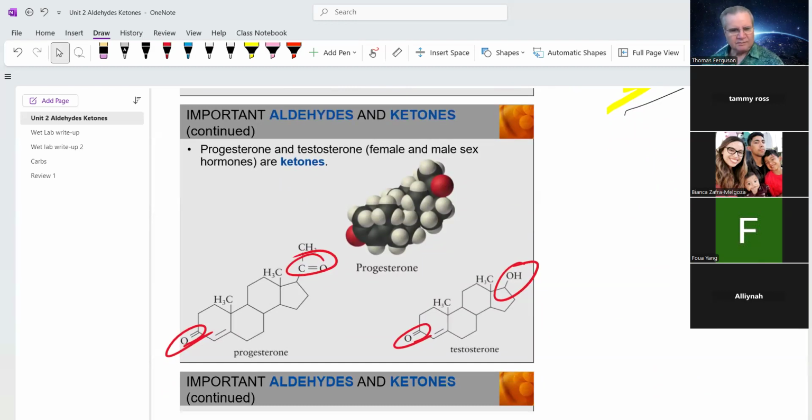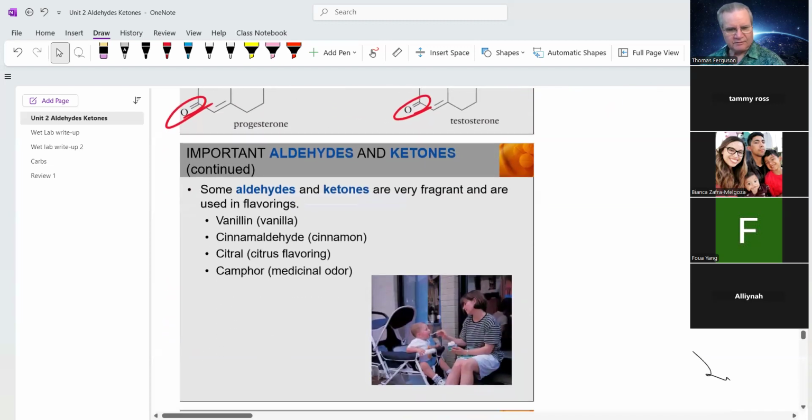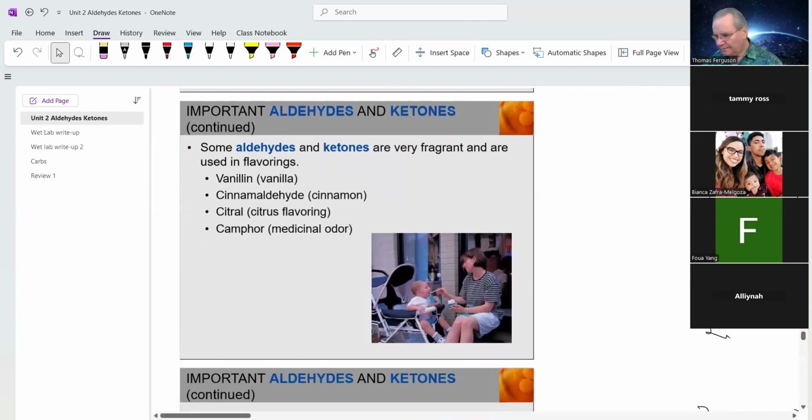These are a couple hormones, but it's just all over the place. Aldehydes, particularly, are very fragrant smelling. And that's what we're going to be using for lab 4 when we do the steam distillation of orange peel.